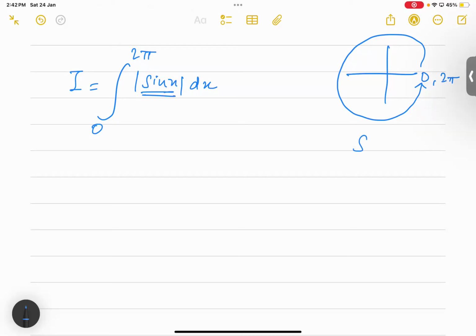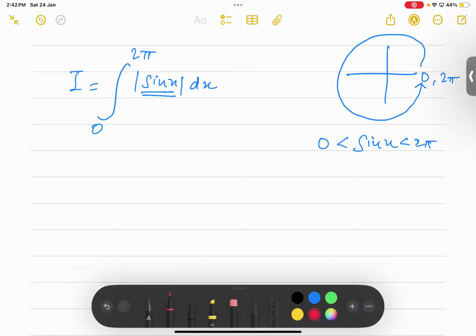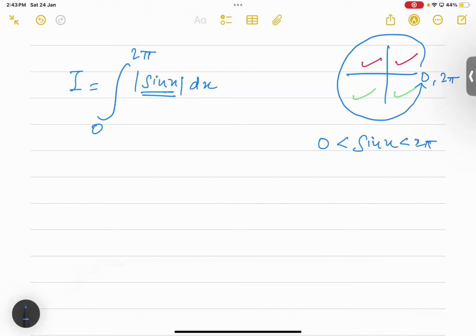Now sin x lies between 0 to 2 pi. These two quadrants will behave differently, and these two quadrants will behave differently. Why, you people tell me? Because sin x in the first and the second quadrant is positive.